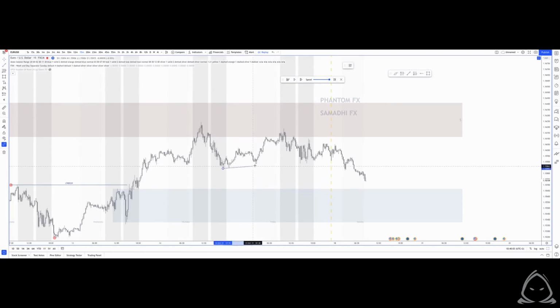We have less liquidity, basically we have all this area full of internal range liquidity.